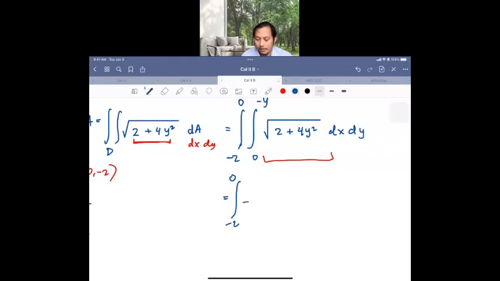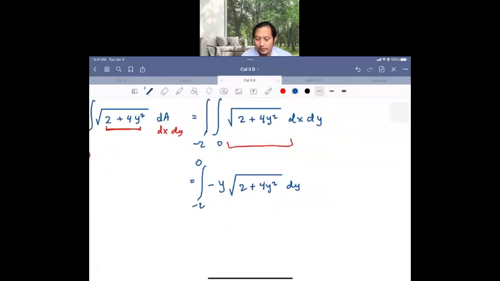So we could have -y and then y plus 2 plus 4y squared dy. Okay. And I believe you can solve this through some substitutions. So you could substitute.